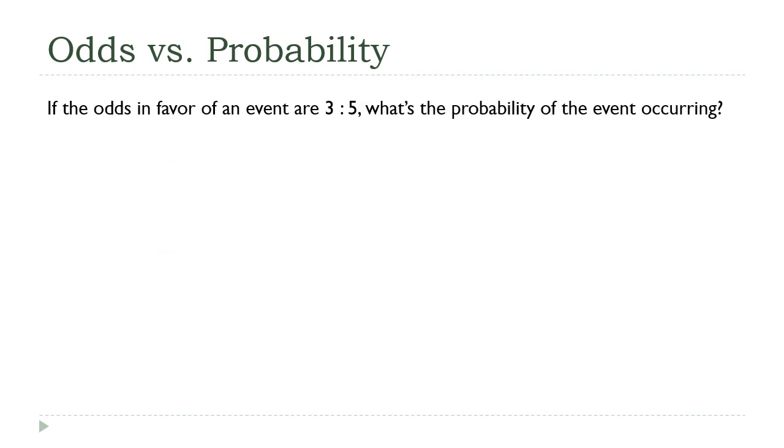Okay, so how about going the other way? The odds in favor of an event are 3 to 5. How can we turn that into a probability? Well, I've got 3 to 5. This is successes, and this is failures. Well, what I need to find the probability is successes divided by the total.